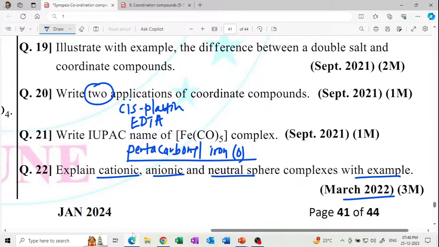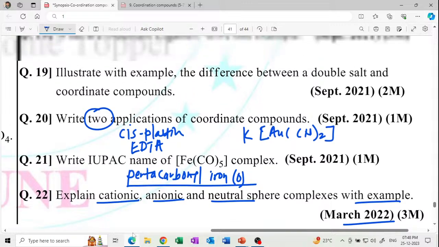Get it? Lead poisoning, hardness of water. Electroplating can also come, gold plating, silver plating. For that note the complex K[Au(CN)2]. Get it? Gold plating, silver plating. And then magnesium present in chlorophyll, iron present in hemoglobin.